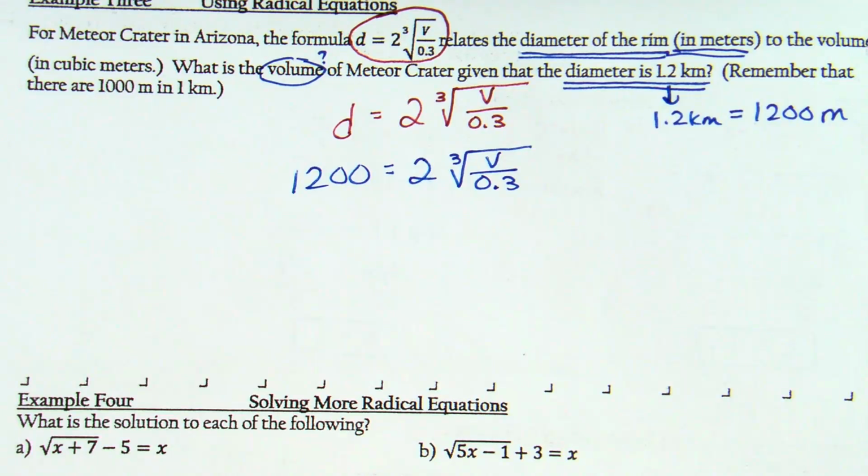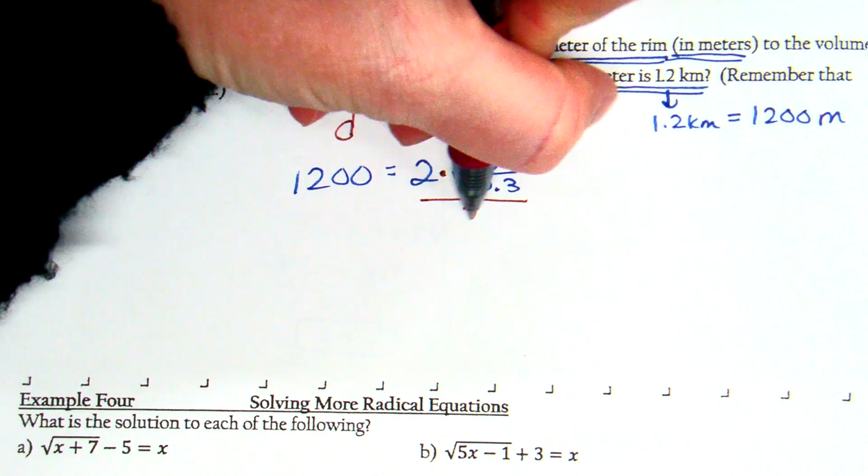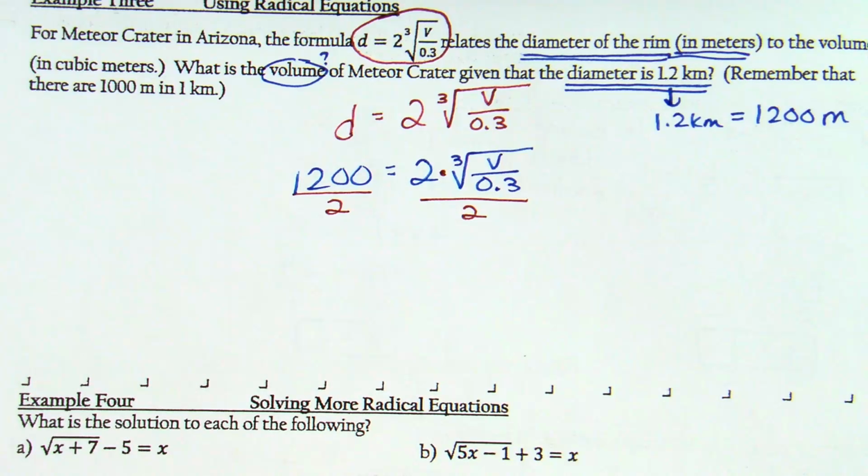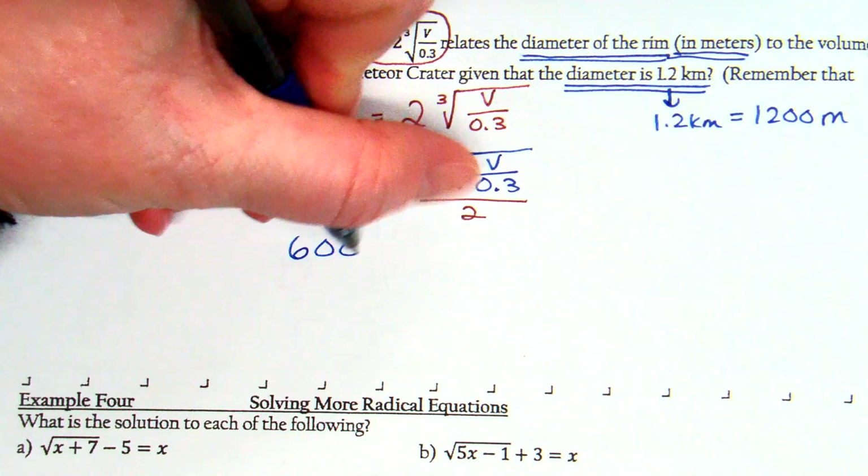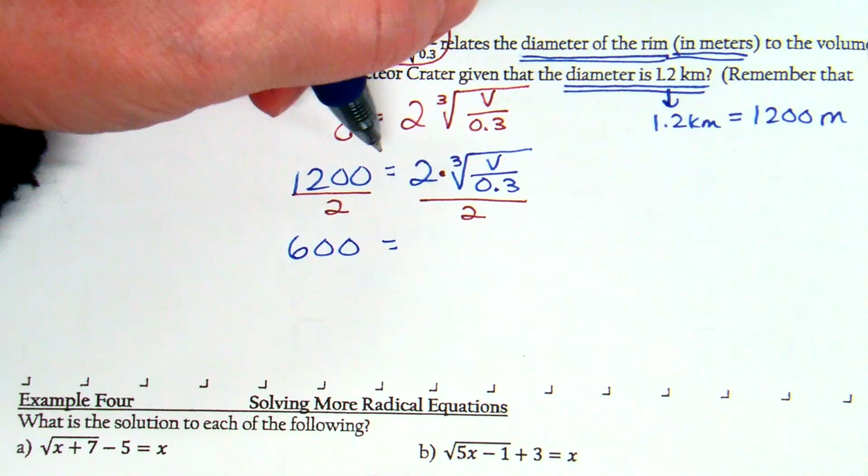Okay, we want to get the radical by itself. So since it's 2 times the radical, divide by 2. 1,200 divided by 2 is 600. The 2's cancel.